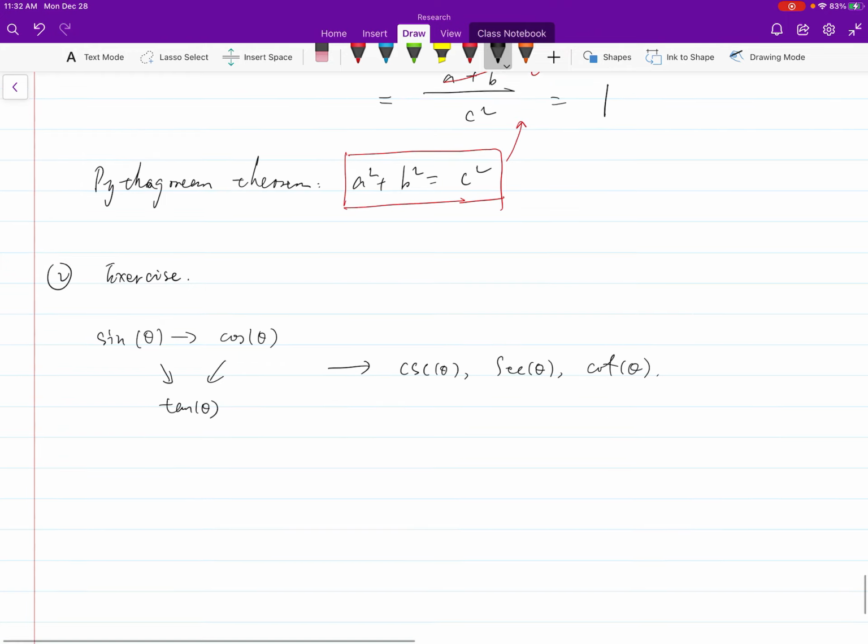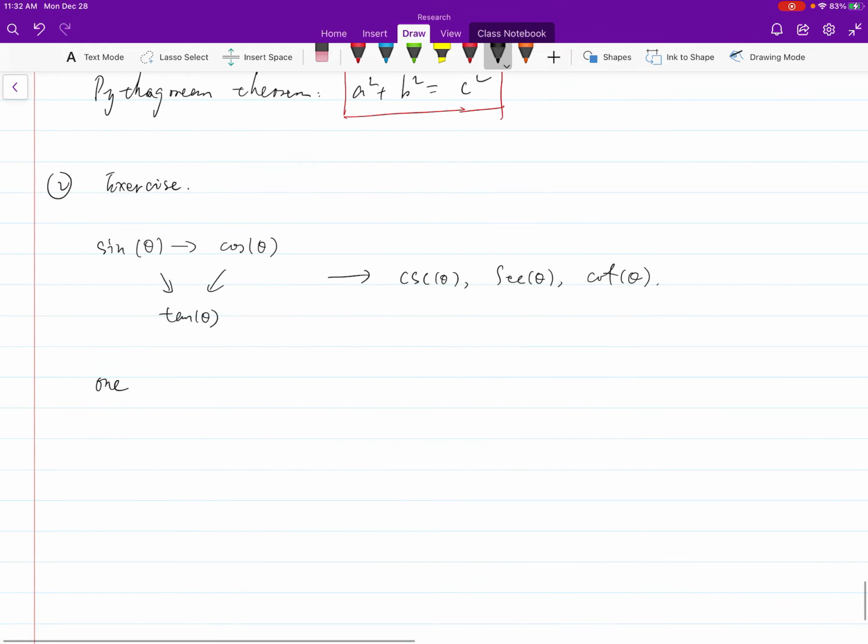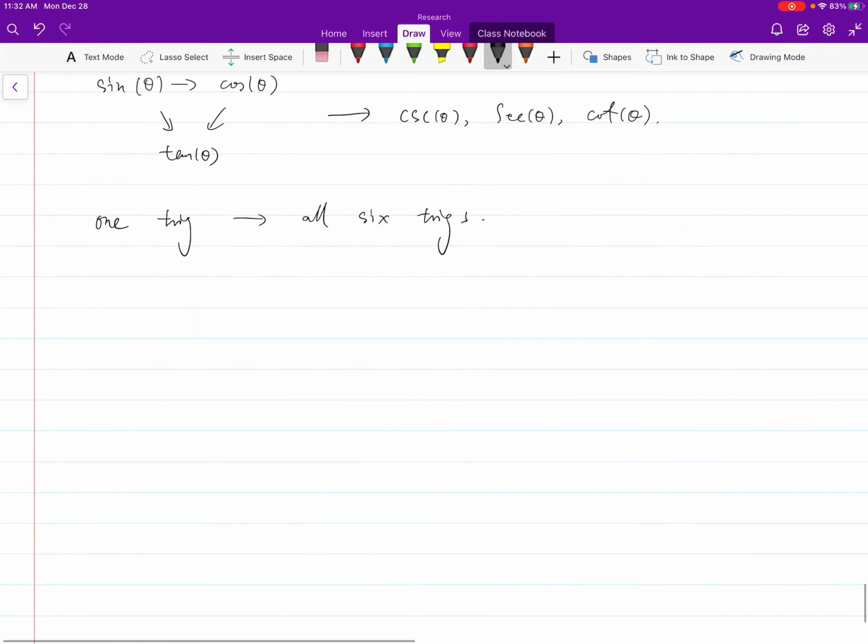So this basically implies knowing 1 trig, you can find the other 5. You really don't have to know all the 6, or even 3 or 2 of them. You just need to know 1. Then you can find the rest. All right?